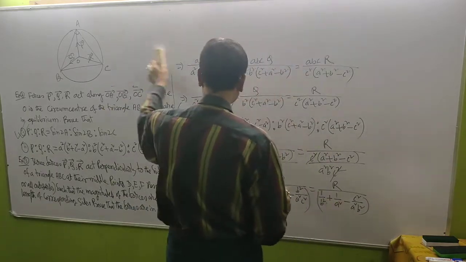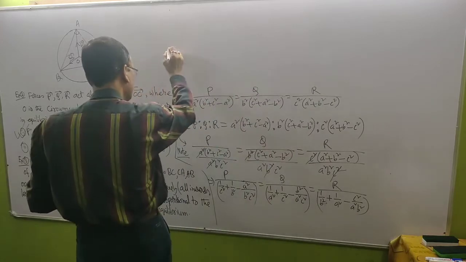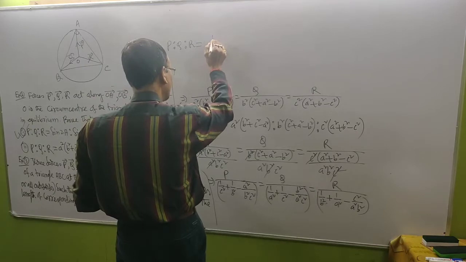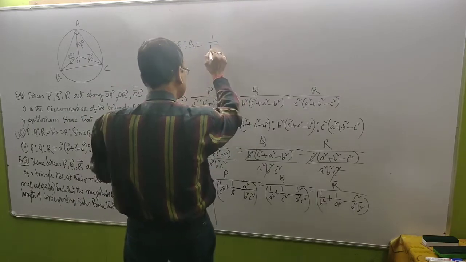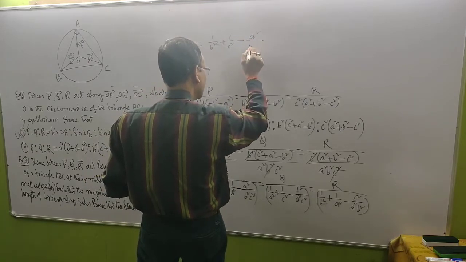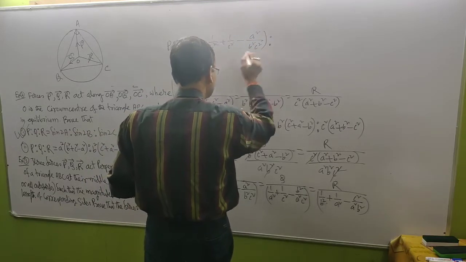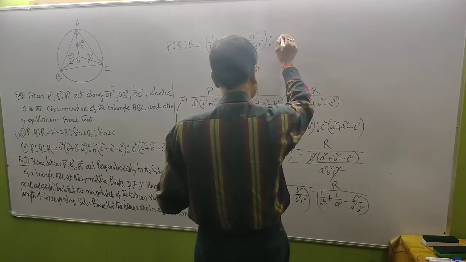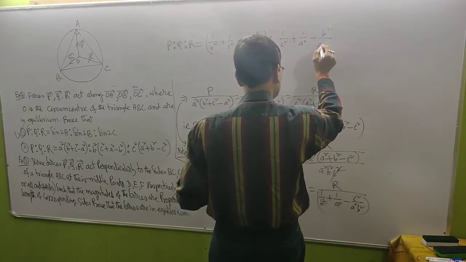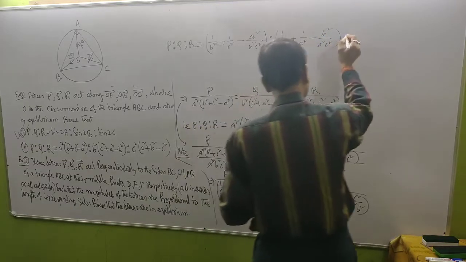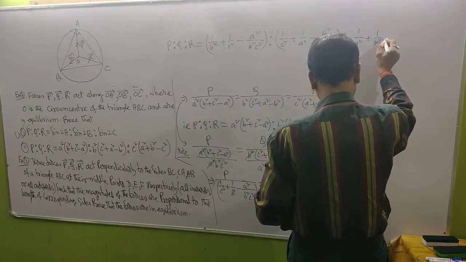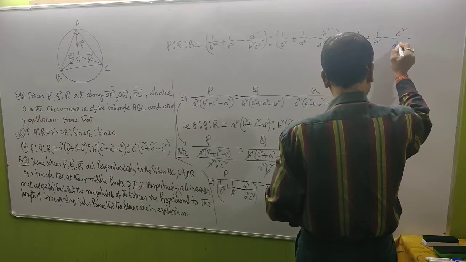From this, you can conclude that in this case, P is to Q is to R. This is equal to 1 by c square, b square plus c square minus a square by b square c square, is to 1 by c square plus 1 by a square minus b square by a square c square, is to 1 by a square plus 1 by b square minus c square by a square b square.